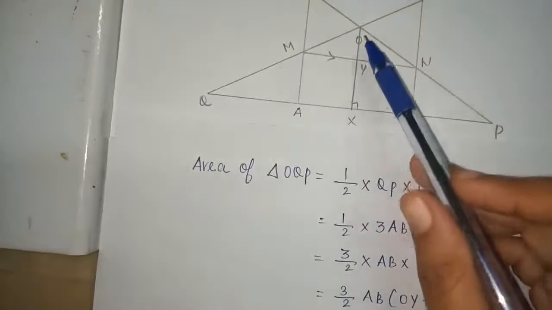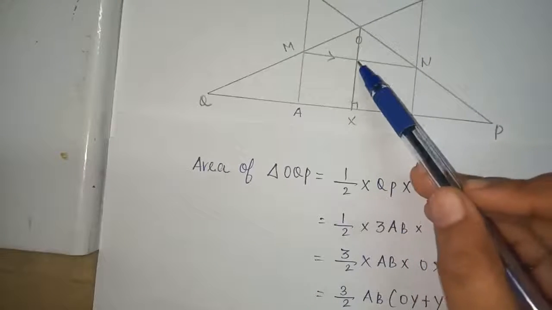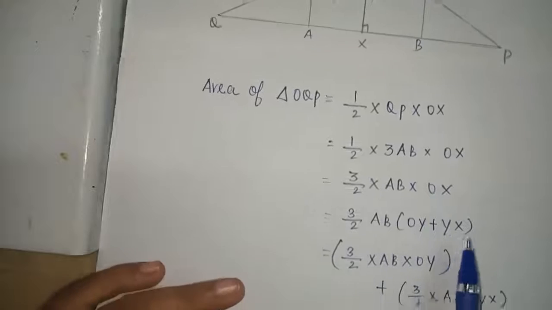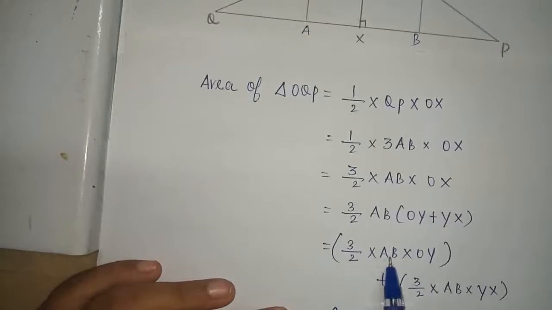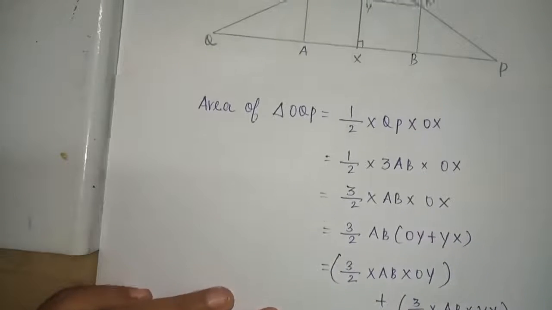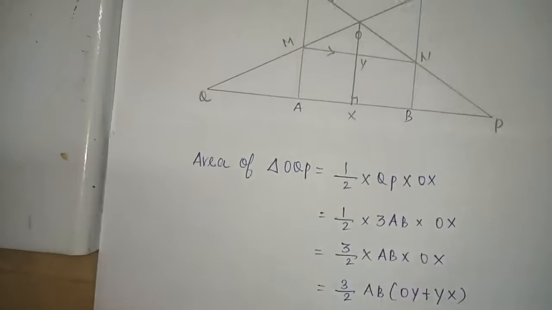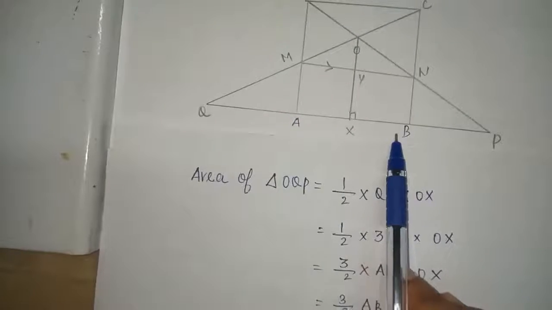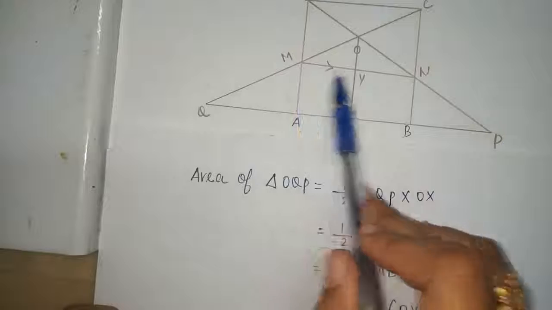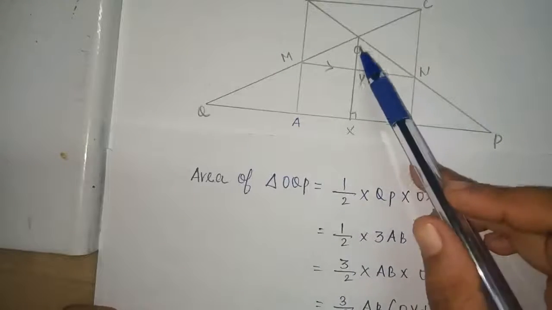So now we can see OX we write as OY plus YX. So OY plus YX, which is equal to 3 by 2 into AB into OY plus 3 by 2 into AB into YX. So AB into OY is nothing but MN into OY.